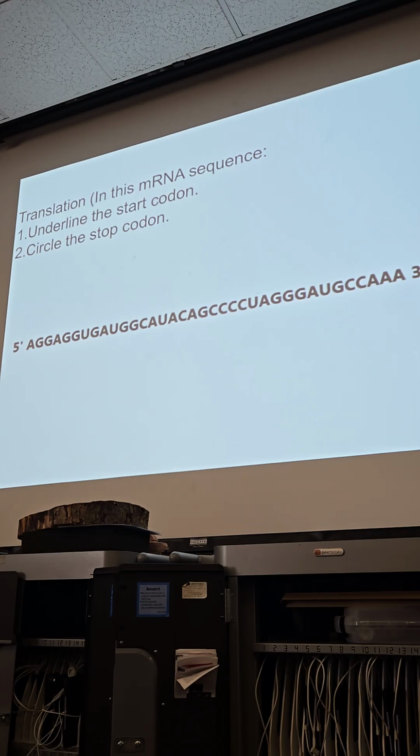So MET only exists once, but other amino acids have different codons that code for the same amino acid. So the next one is AAA, GAA. Tell me what codon that is.